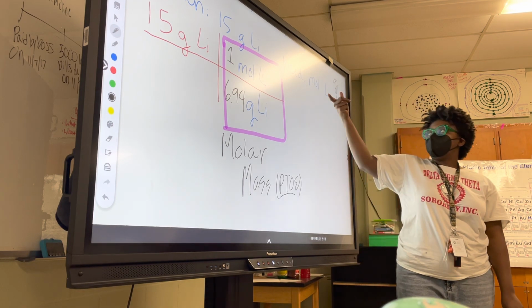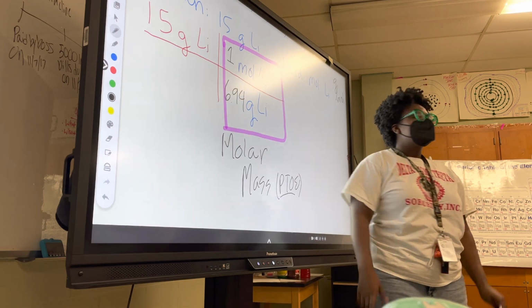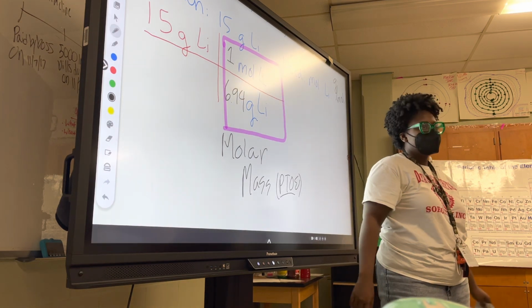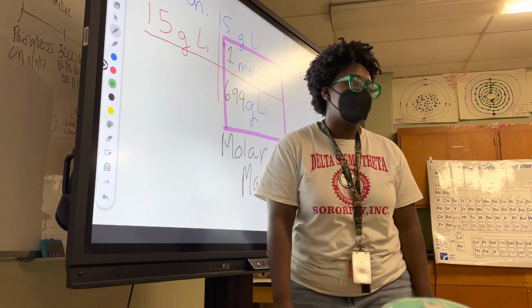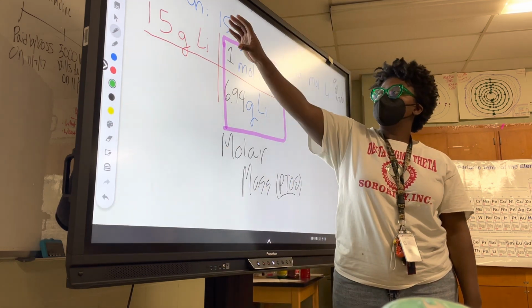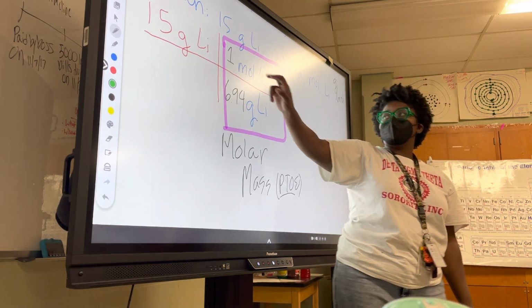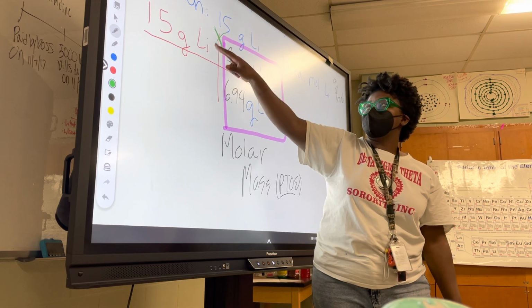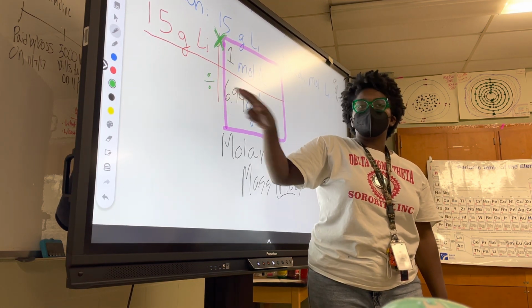Now, I needed moles of lithium, and I have moles of lithium on top, so I can stop. Okay? So now I need to do my mathy math. We're going to multiply the numbers across the top and divide by the numbers on the bottom. So draw you like an X right there, and draw you a division symbol right there.